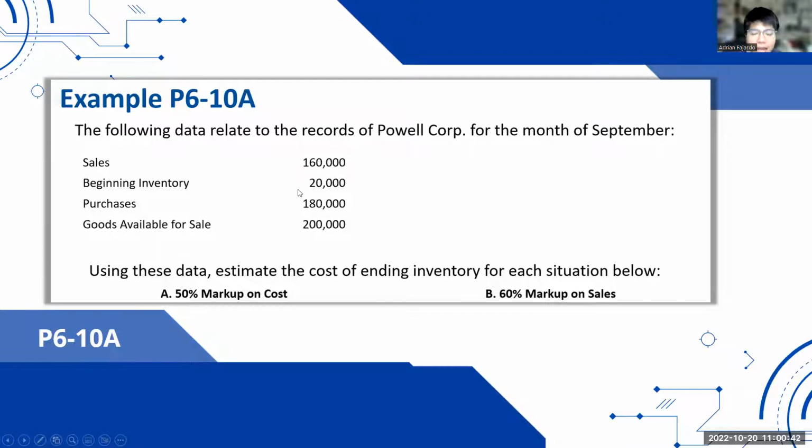What we want to find out is our cost of goods sold and our ending inventory. But the very first thing that we want to know is what our cost of goods sold is. And then we have two scenarios. One is 50% markup on cost. The other is 60% markup on sales, right? So those are the two scenarios to use the gross profit method.